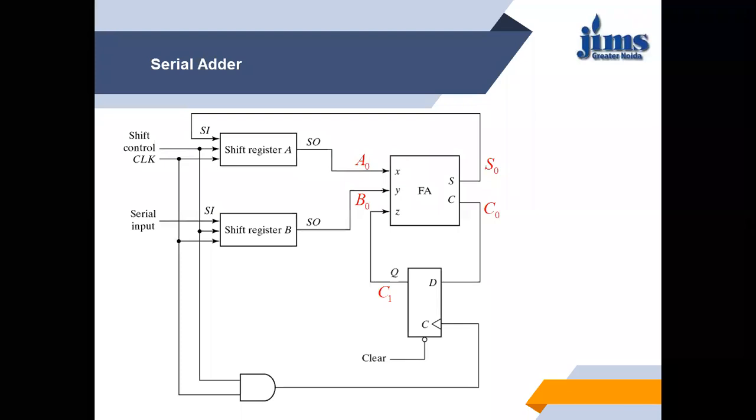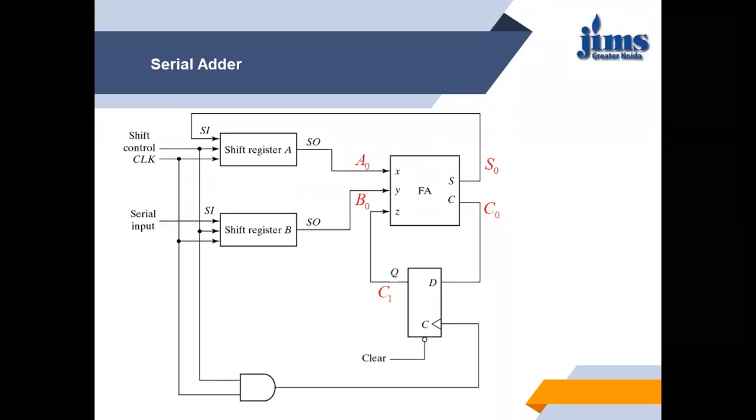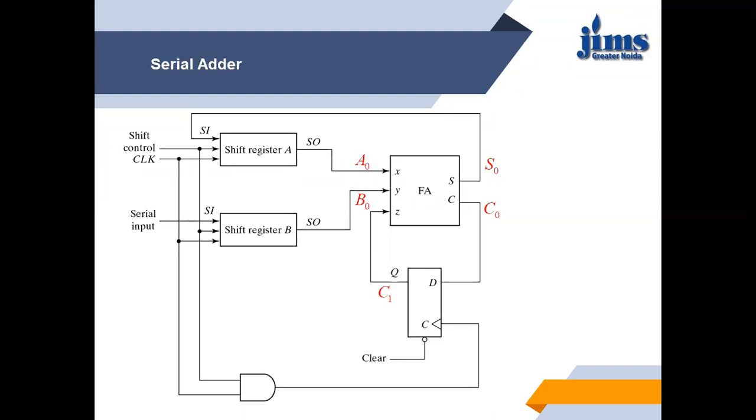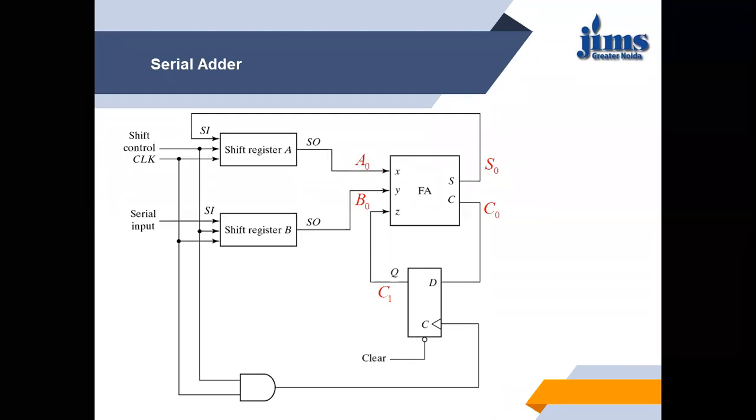So in this way, we can conclude that with this very small and very least hardware, we can add n bits of data with n clock cycles, whereas on the other hand, in the parallel adder we do not require any clock cycle.